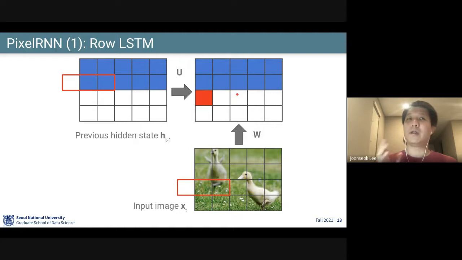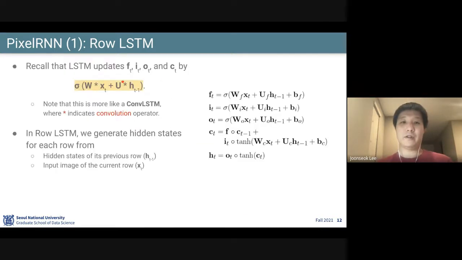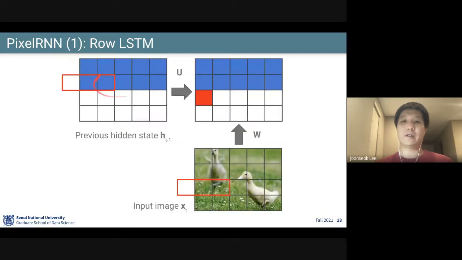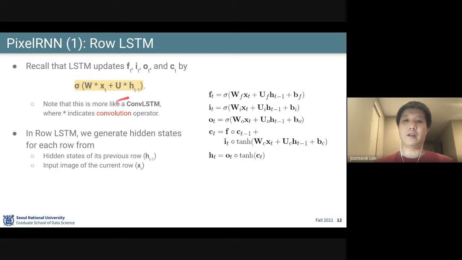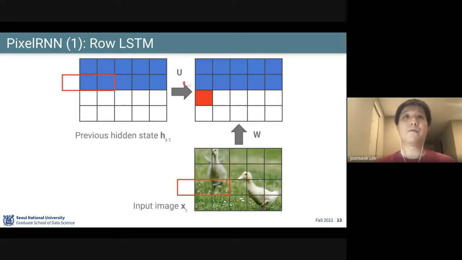So again, because this is an RNN, there are 2 inputs. One is X, the input, and the other is the current hidden states, right? So the hidden states is h_{t-1}, and it's convolved with U. So that is this part. Here the previous means, in this model, the previous row.